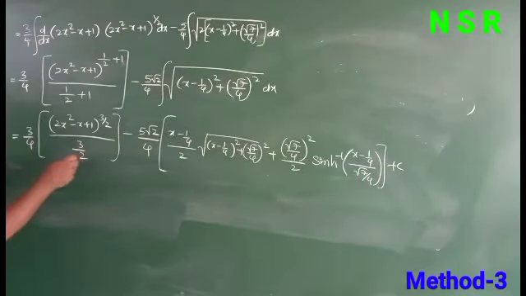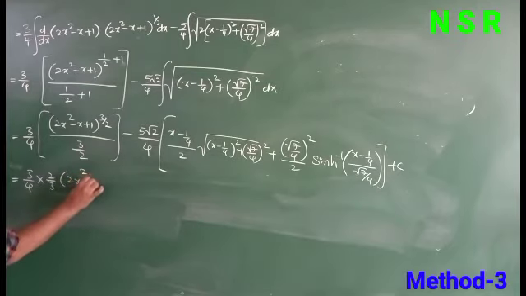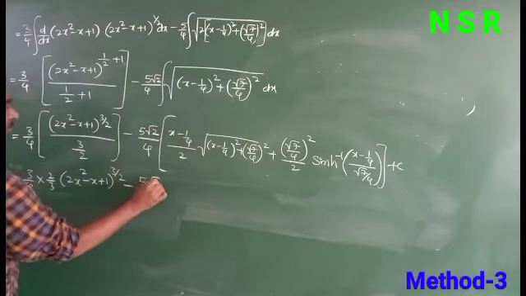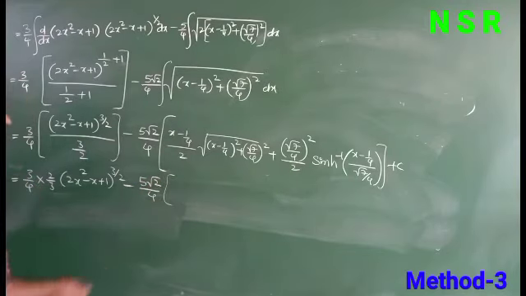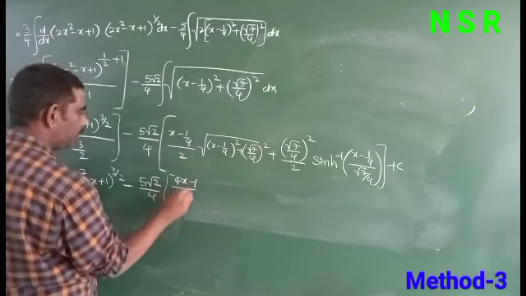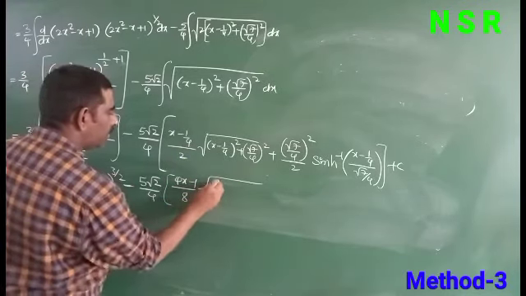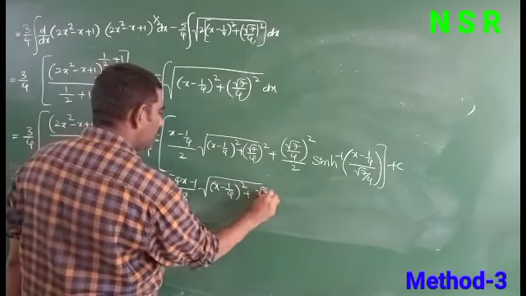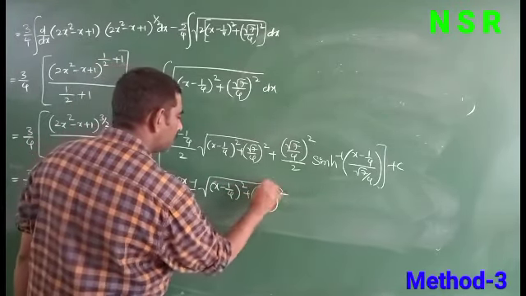Now simplify it. 3 by 2 we can write as 2 by 3. So 3 by 4 into 2 by 3 into (2x square minus x plus 1) whole power 3 by 2, minus 5 root 2 by 4. So 4 into x, 4x minus 1 by 4 into 2, 8. So square root of (x minus 1 by 4) whole square plus (root 7 by 4) whole square.